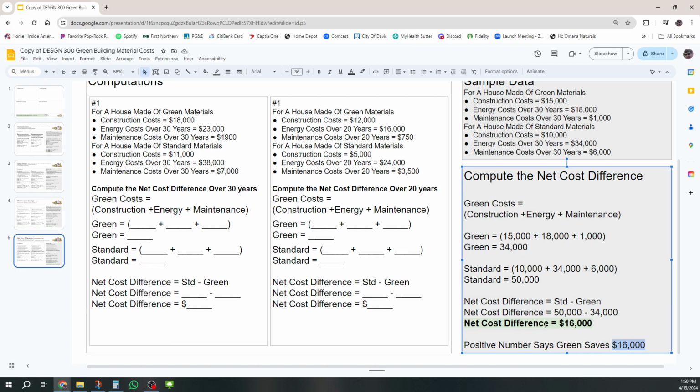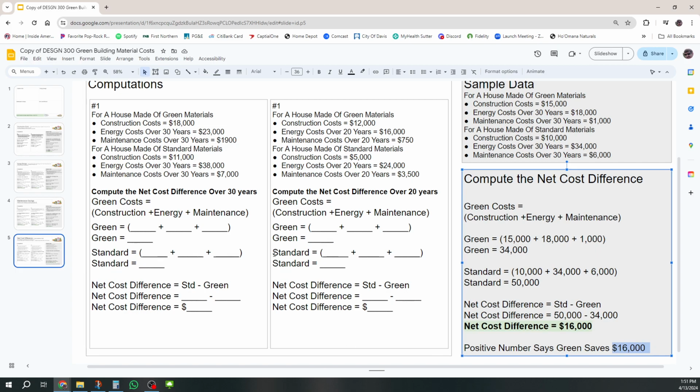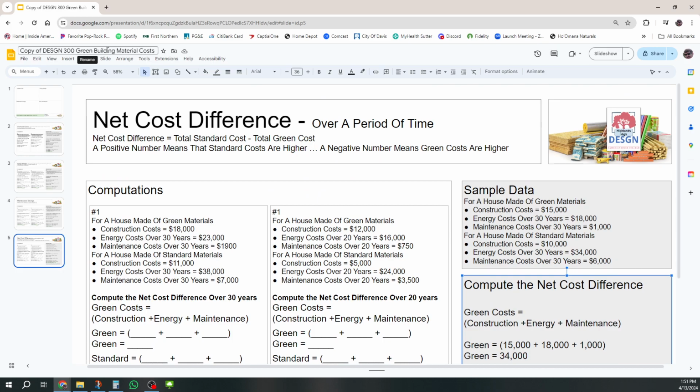That's how you go through these. You have to look and see what comes first, what comes second, and figure out what that is. Okay, standard is more than green, so I get my number, and that means since standard is more than green, green saves that much money. All right, so there you go. That's a set of computations for green building material costs.